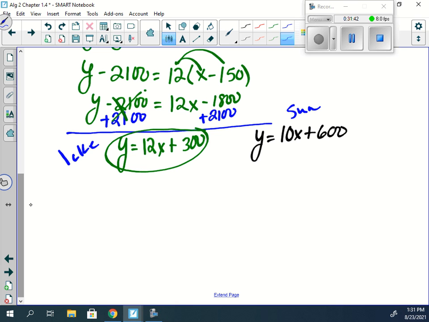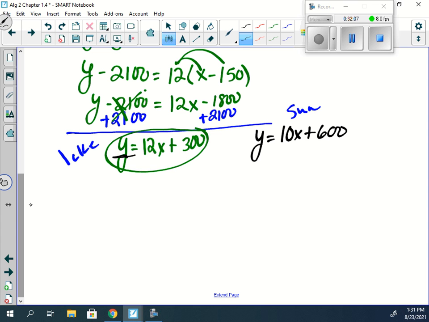So when we look at these here, we said Sunview has the cheaper cost per student, but they also have the more expensive starting value, because this one starts at 600, this one starts at 300. So one of them can be more expensive than the other at a certain point. Now we want to see where their costs are going to be the same.